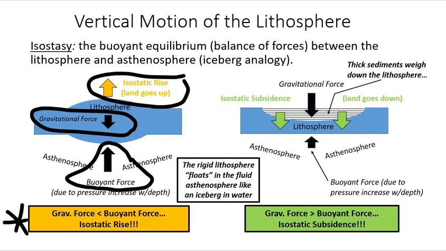On the other hand, if the gravitational force acting on the lithosphere is greater than the buoyant force acting on the bottom of the lithosphere, we get isostatic subsidence. The land will settle.